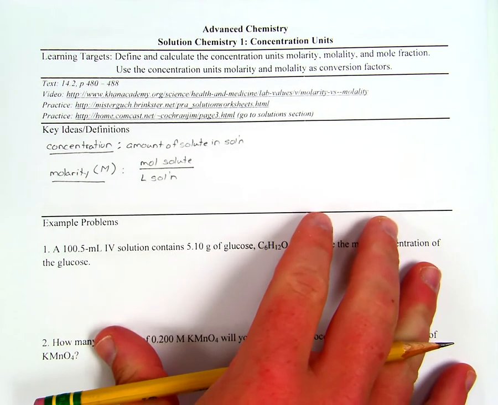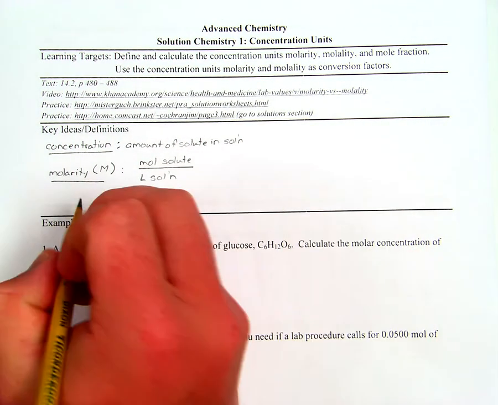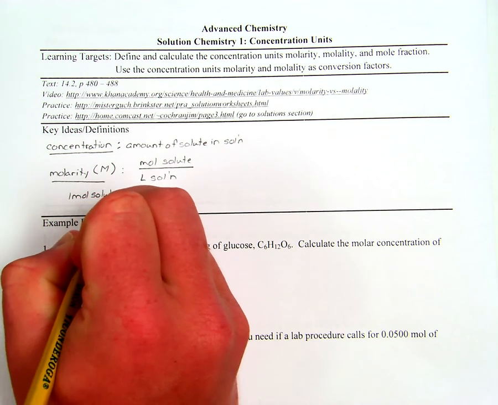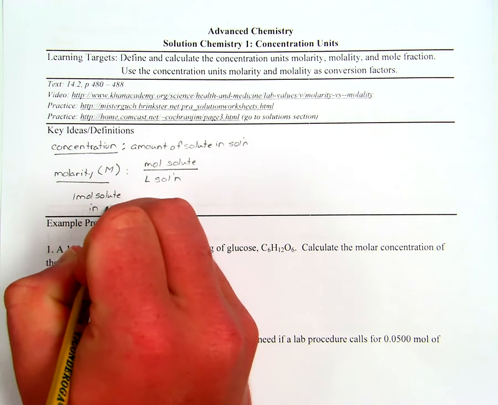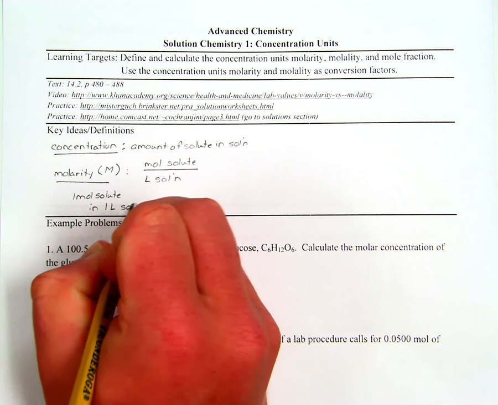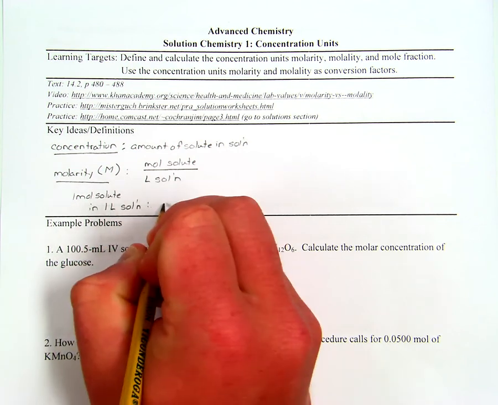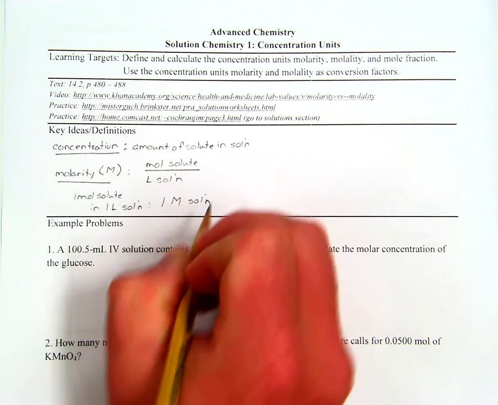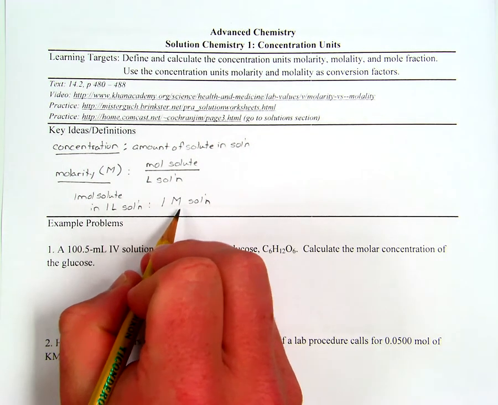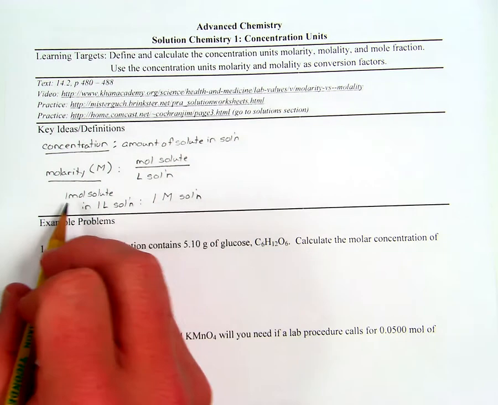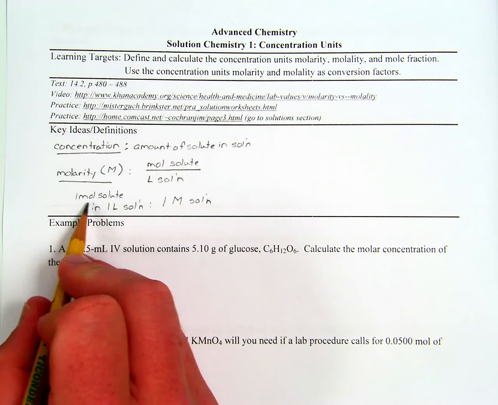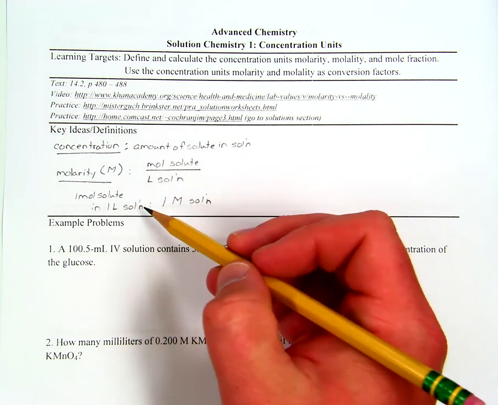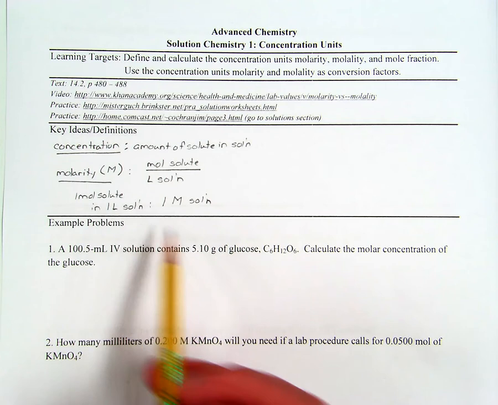So by definition, if we had 1 mole of a solute in 1 liter of solution, that would mean that we have a 1 molar solution. You see this 1 capital M, you would read that as 1 molar, and that's exactly what this tells us here, that we have 1 mole of solute per every liter of solution. Could mean half a mole of solute and half a liter of solution, but the ratio is 1 to 1.